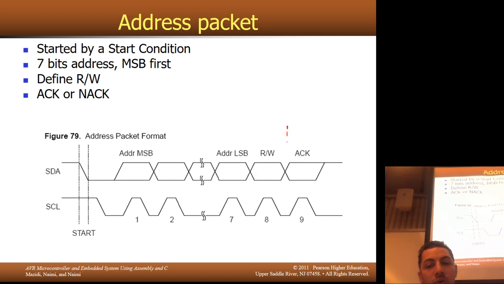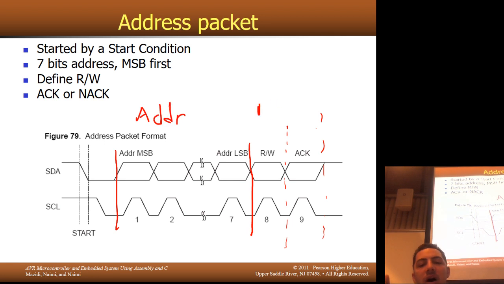So let's look at the address packet. It follows the rules of 8 data bits plus an acknowledge bit. Because you can communicate with up to 128 devices, okay, really 127, you've got a 7-bit address. So the first 7 bits are the address of the device you want to talk to. The last bit is what we call the read-write bit.